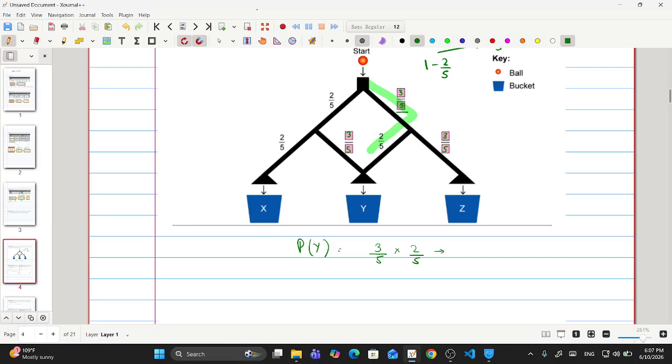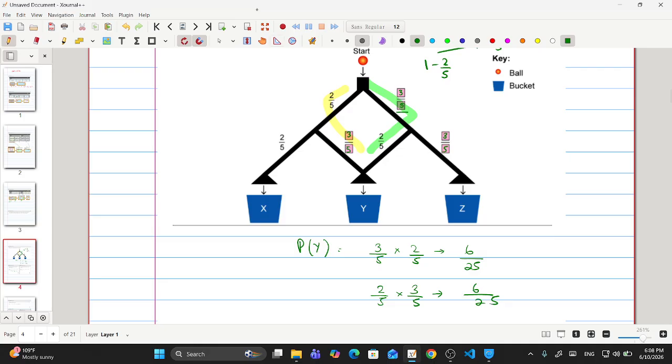So that becomes 6 over 25. But that is through one method, right? The other method is still there. 2 over 5 multiplied by 3 over 5. So that also becomes 6 over 25.